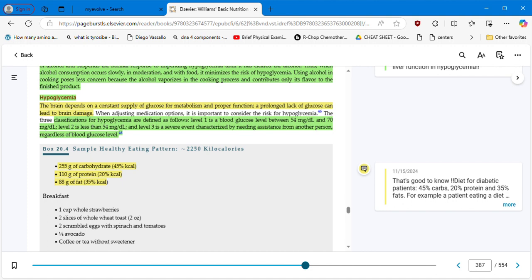So that's good to know. Diets for diabetic patients are going to be 45% carbs, 20% protein, and 35% fats. We are summarizing, right?